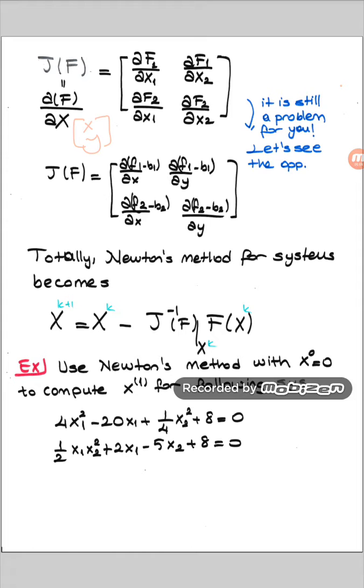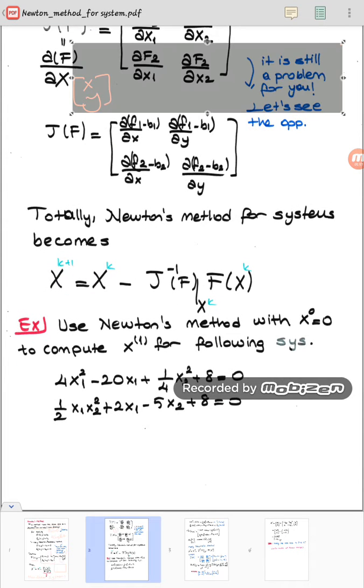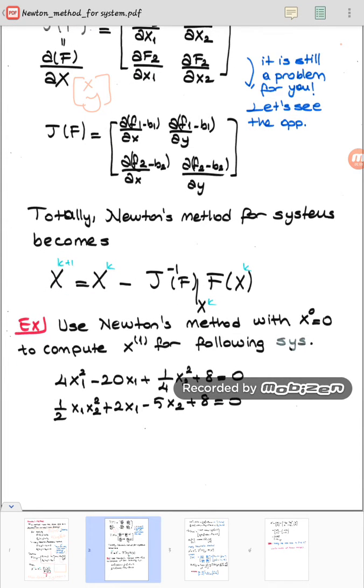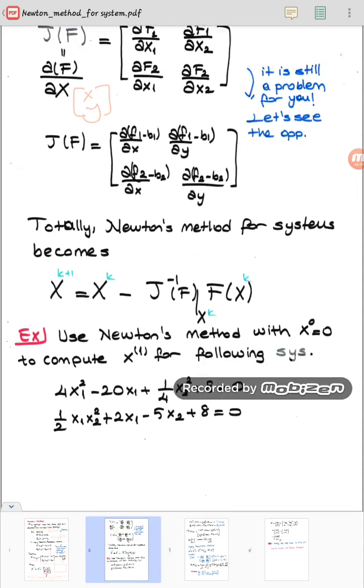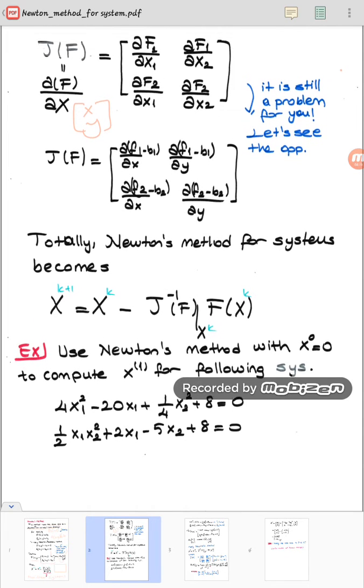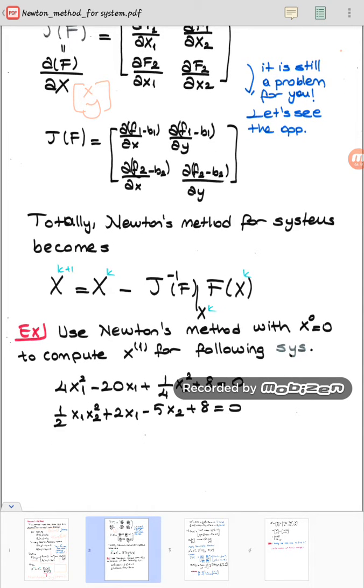In some books, the corner entries, I mean the first row second column or second column first row, are sometimes written differently, but it does not matter. Okay, we will continue with this definition. So it is again a problem for us and for you, I know. So let's see the application in our problem.